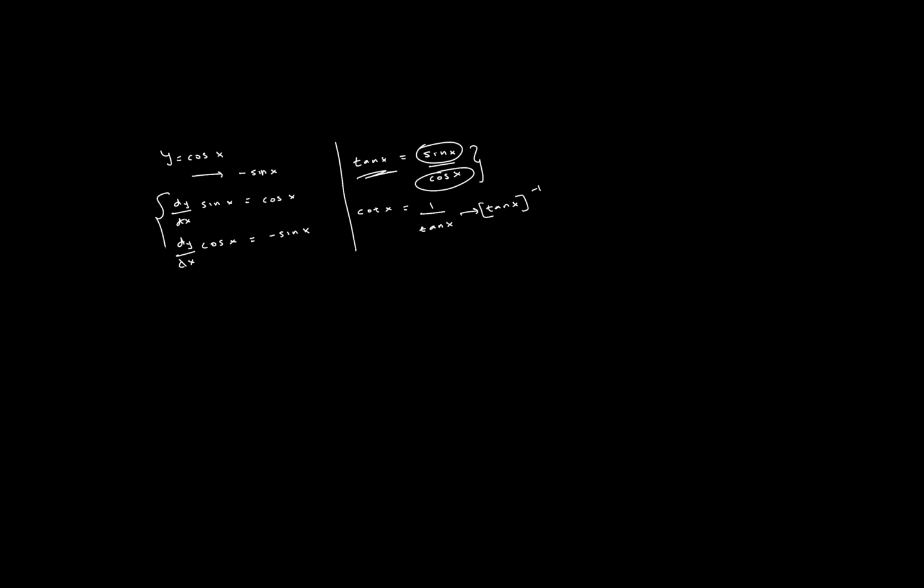I'll just give out the formulas here. The derivative d over dx of tangent x is equal to secant squared x, and the derivative of cotangent x is equal to minus cosecant squared x.